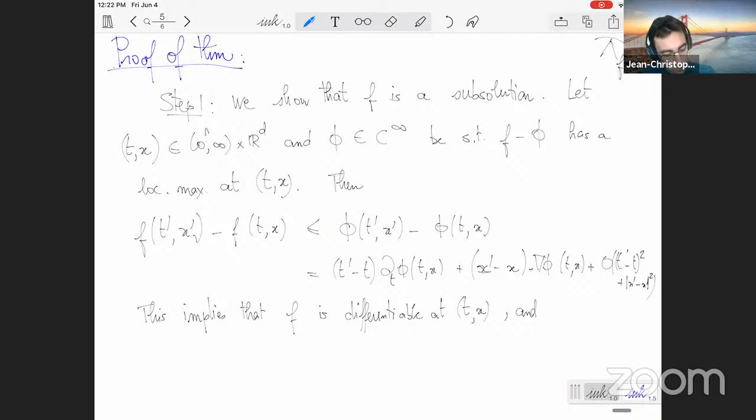And the subdifferential is made of only the derivatives of f at this point, but since tx is a local maximum of f minus phi, these derivatives of f and the derivatives of phi are the same: partial t phi of tx, grad phi of tx.